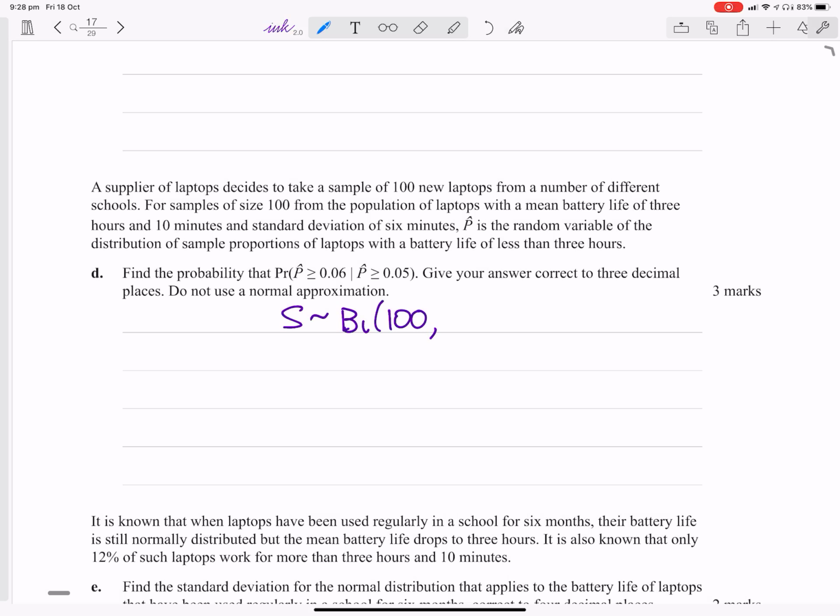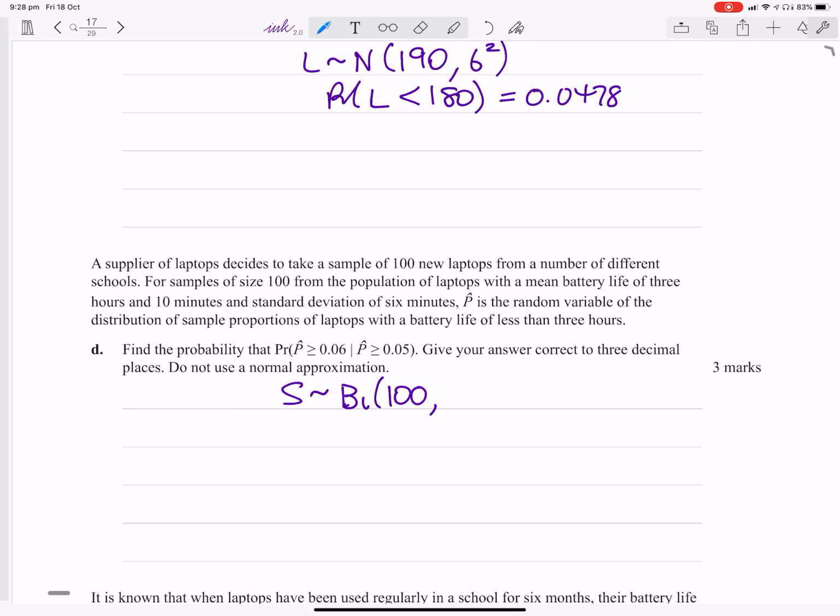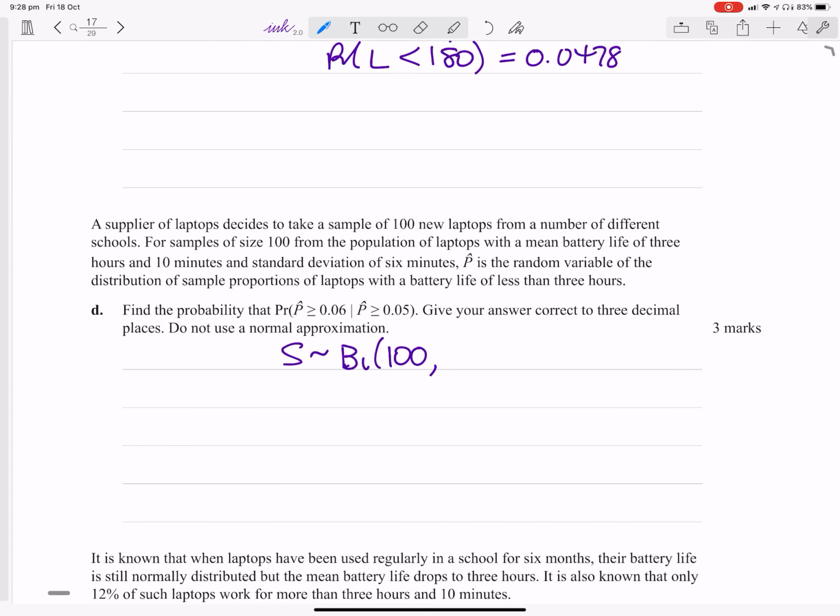The mean is 3 hours and 10 minutes, the standard deviation is 6. Okay, P hat is the random variable, the sample proportion of battery life of less than 3 hours. So less than 3 hours is 0.0478.